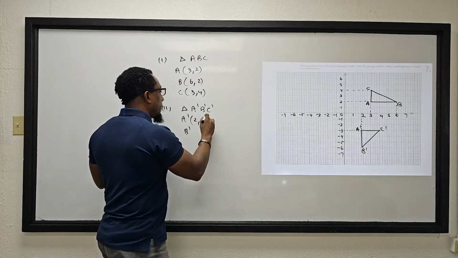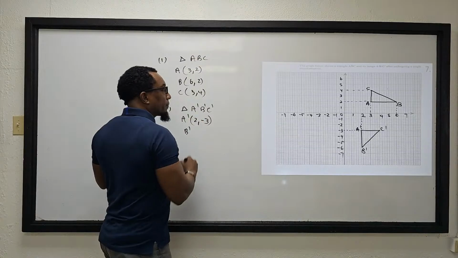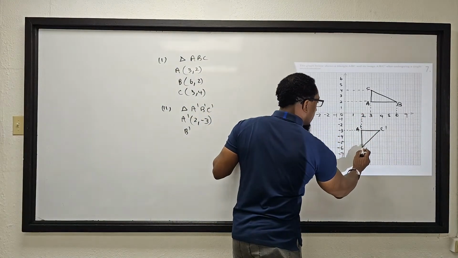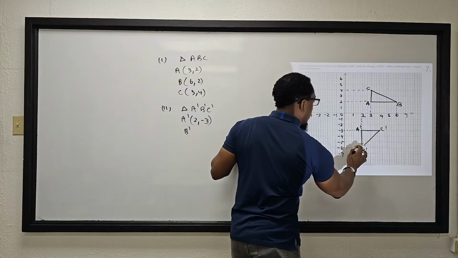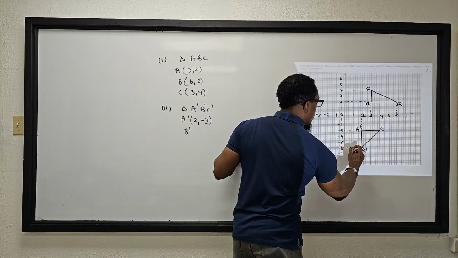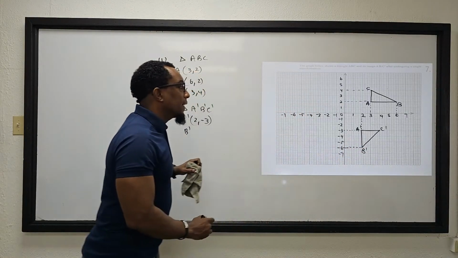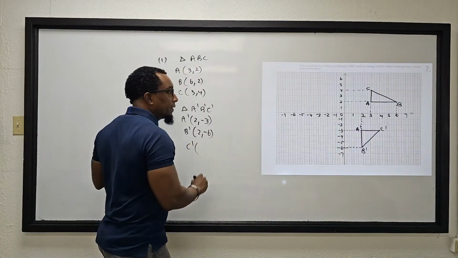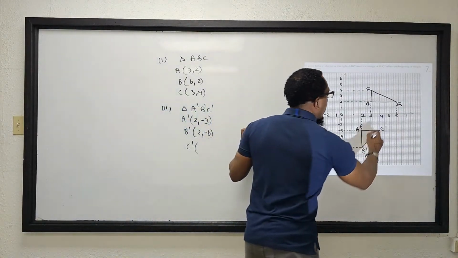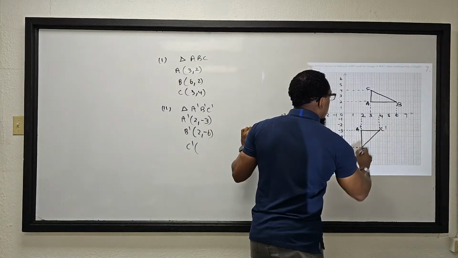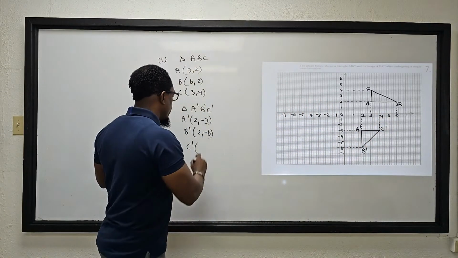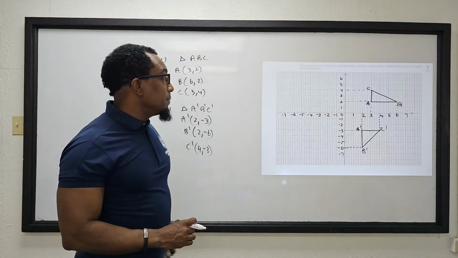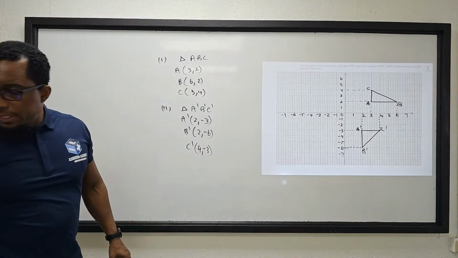B prime is (2, -6). And C prime is (4, -3). So let's state the coordinates of A prime, B prime, C prime.